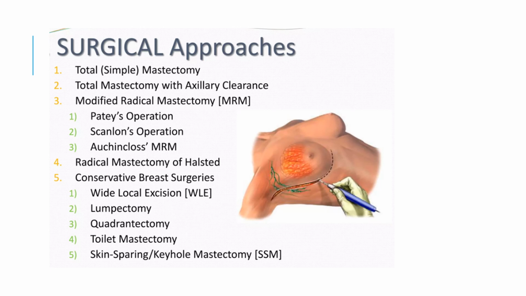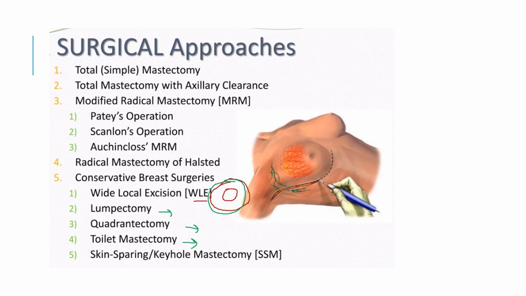Conservative breast surgery is a wide local excision, that is the tumor along with the wide margin is excised. Lumpectomy means the excision of that lump. Quadrantectomy means if it's upper outer quadrant, you are excising the whole quadrant.